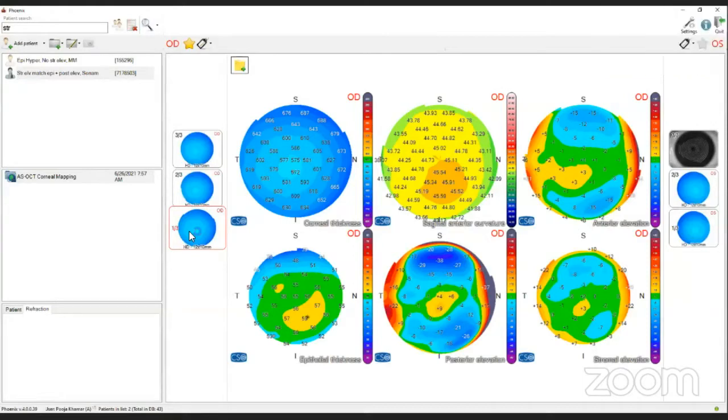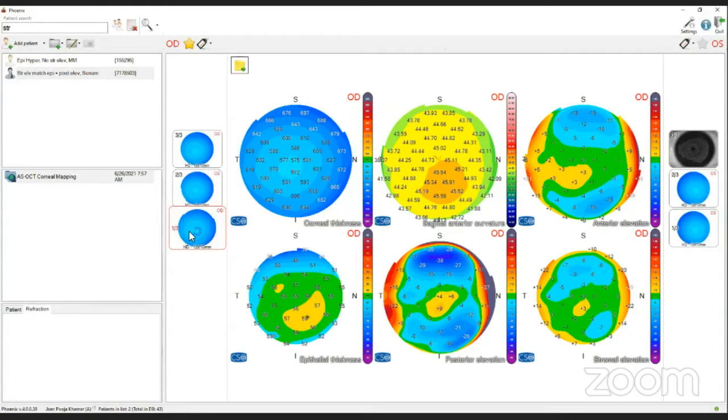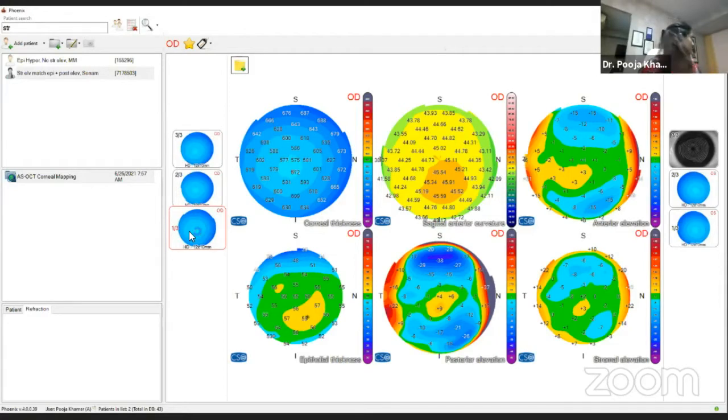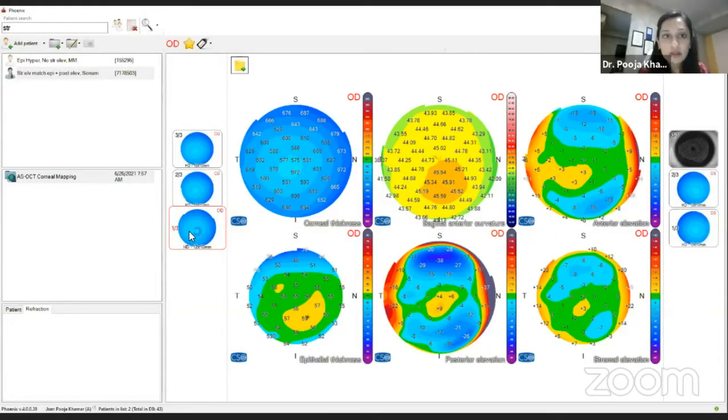Pooja, can you use your cursor, please? I am using it, sir, but I don't think we are seeing the cursor. Okay, one minute. Can you see now, sir? No, I think we can't. But anyway, continue with it. Let's not waste time. Did you share the entire screen, right?